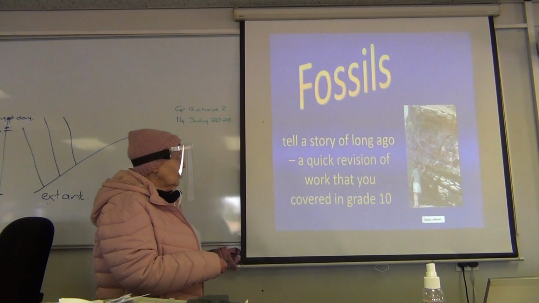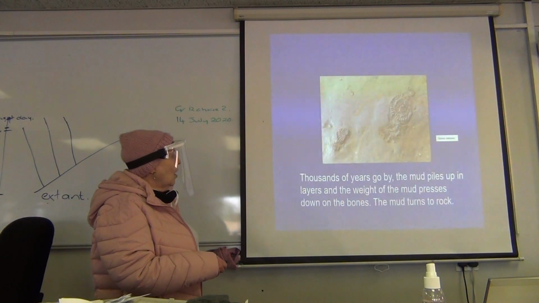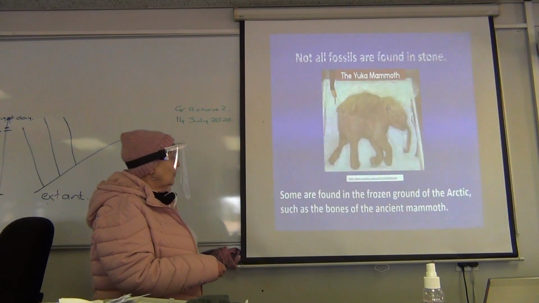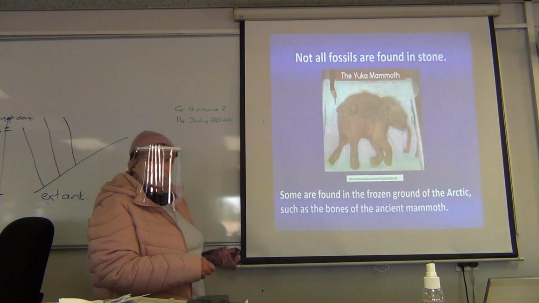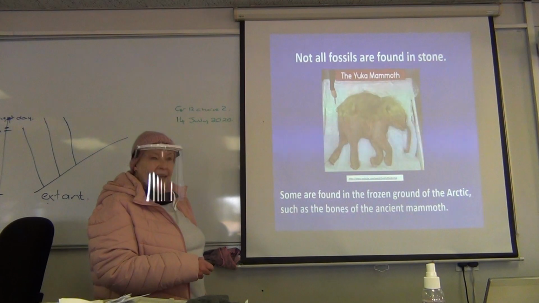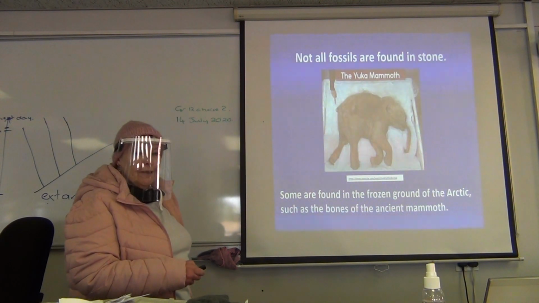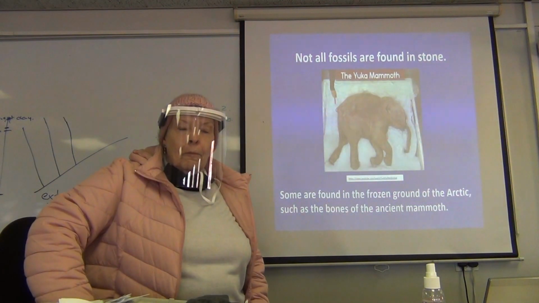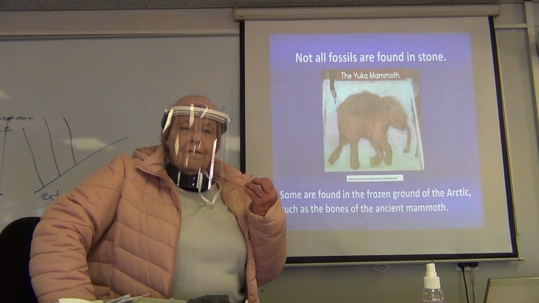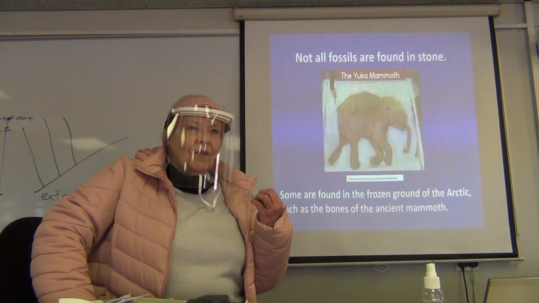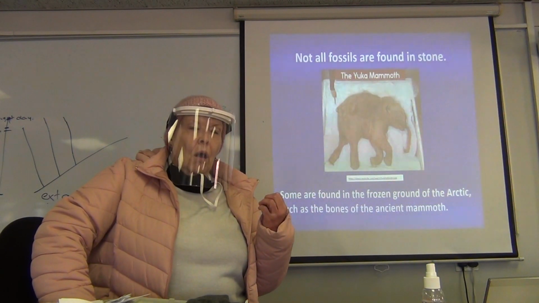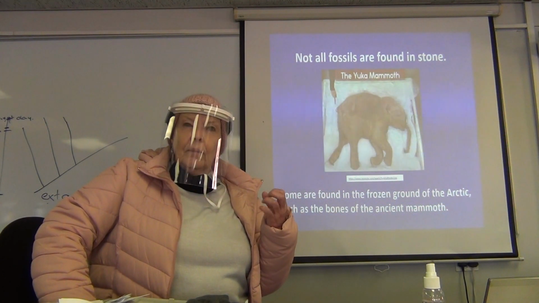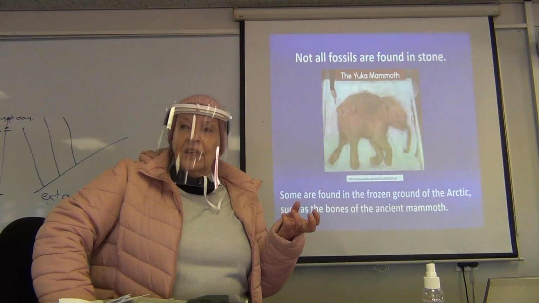Okay, so fossils give a story of long ago. Most organisms don't become fossils, etc. Wait, ma'am, what do you mean most organisms don't become fossils? Because there is a very specific group of conditions that are needed for a fossil to form.